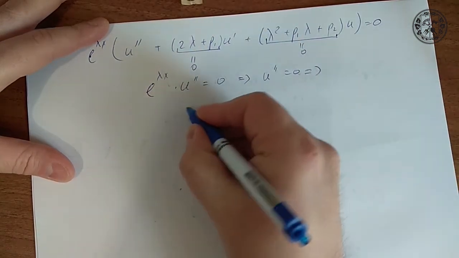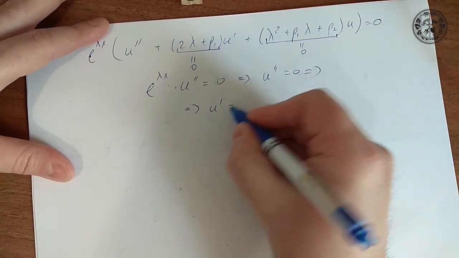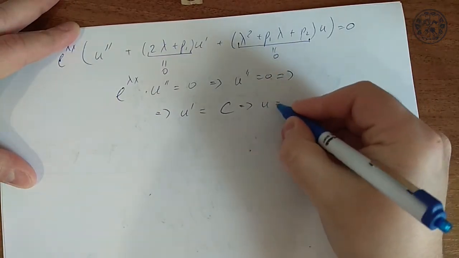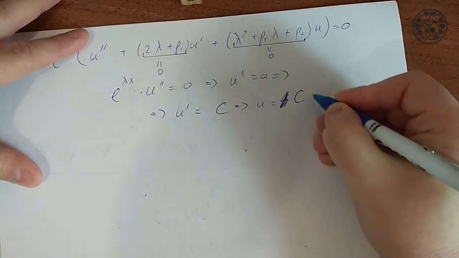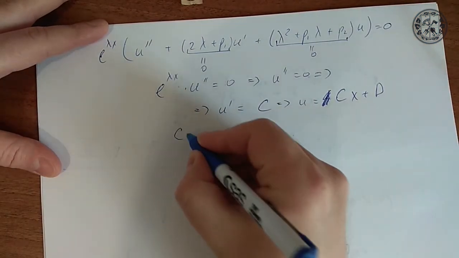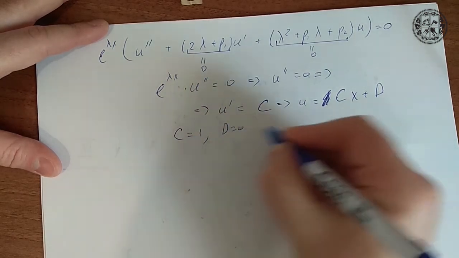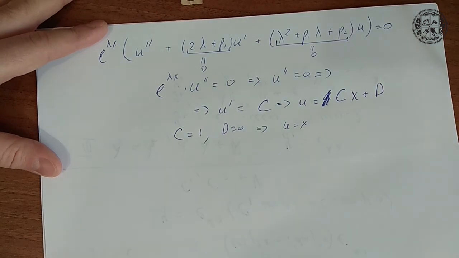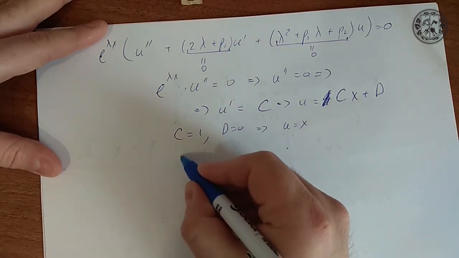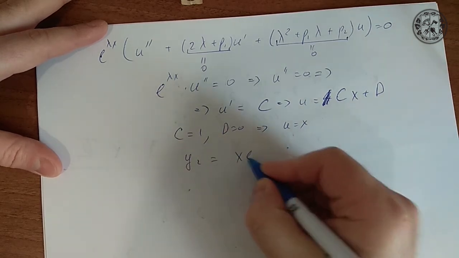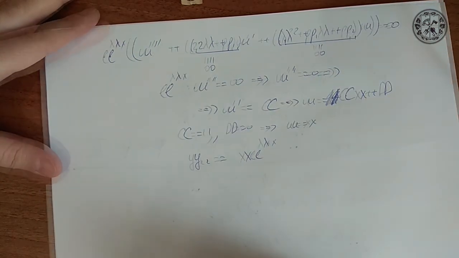From here, u prime will be some constant and u will be c times x plus d. But here we can use any constants, so let us just put c equal 1, d equal 0, so u will be x. So the solution linearly independent of the first is y2 equals x e^(lambda x).